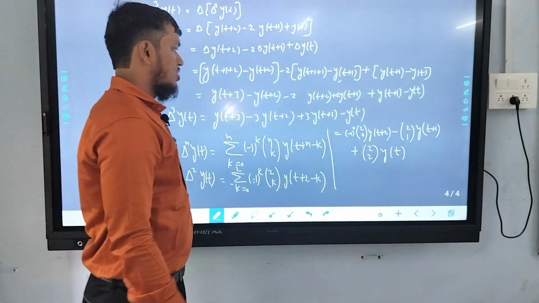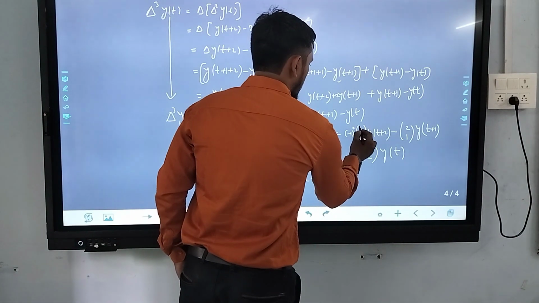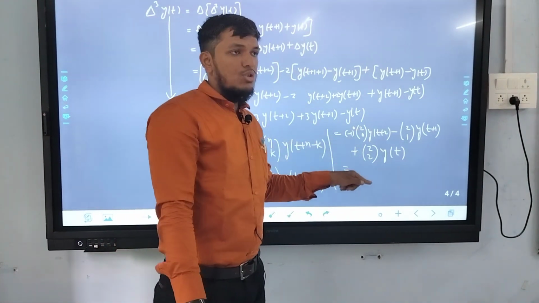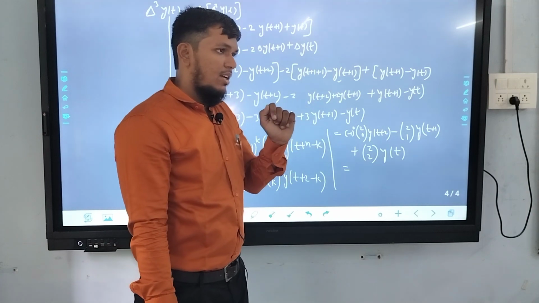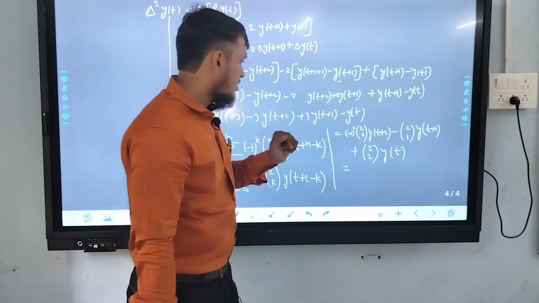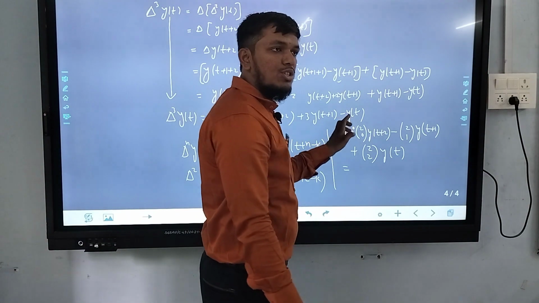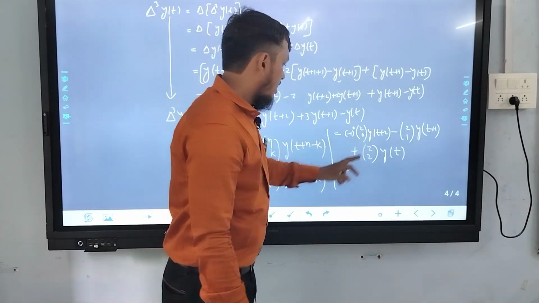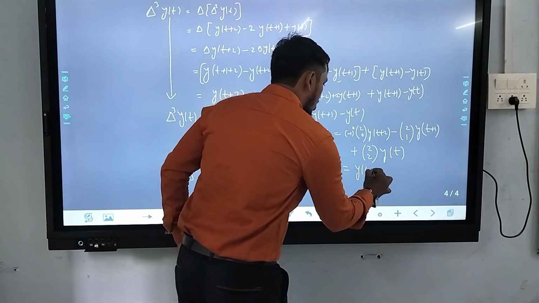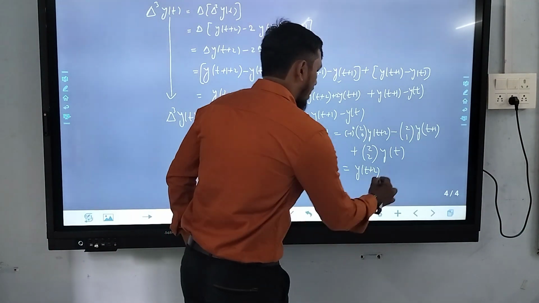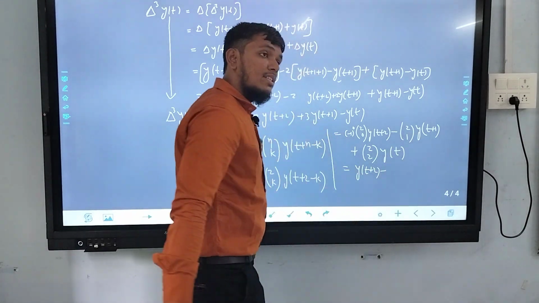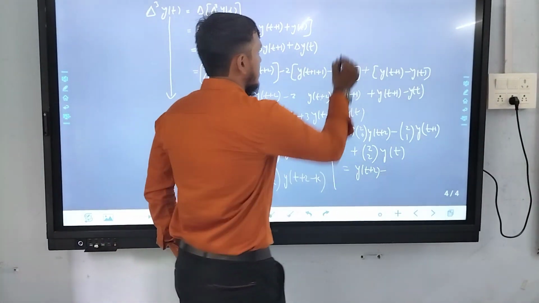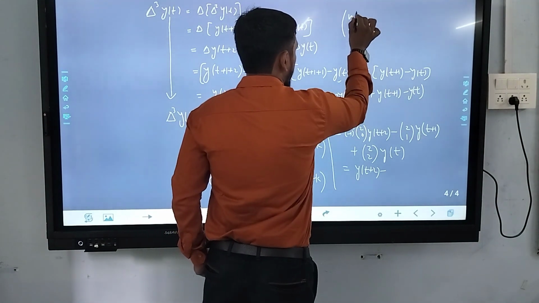Now simplify it. By the definition of nCr, the value of nC0 is always 1. So it is 1, and minus 1 raised to the power 0 is also 1. So 1 into 1 is again 1, and the remaining term is only y of t plus 2. Then by the definition of nCr, nC1 is equal to n. This is a property or definition.